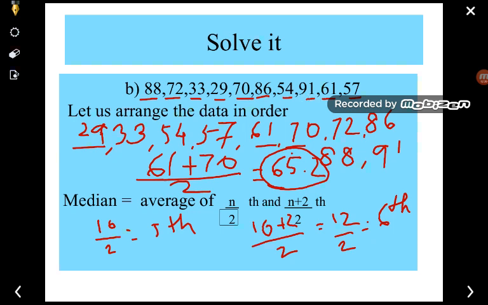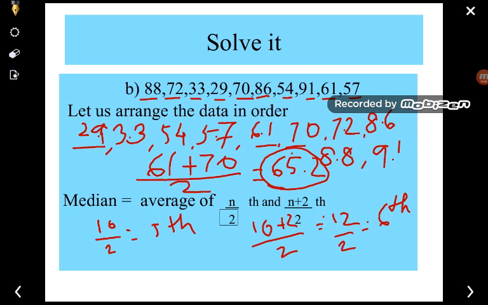So we have already arranged the data, and now you have to count the number of observations: 1, 2, 3, 4, 5, 6, 7, 8, 9, 10. The number of observations is even, so the formula is the average of this value and this value.